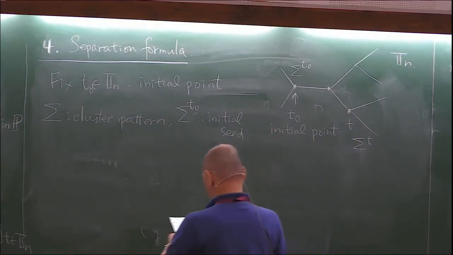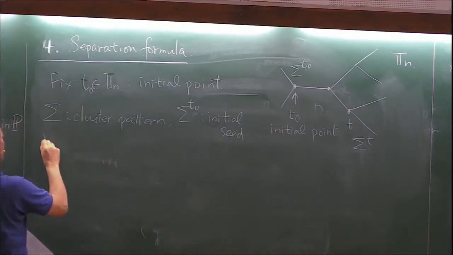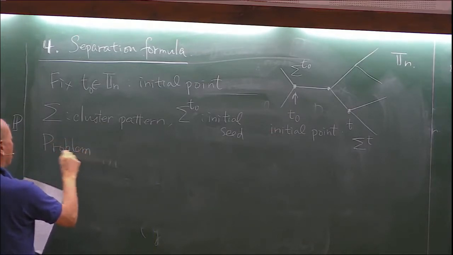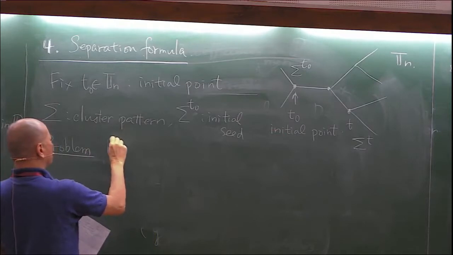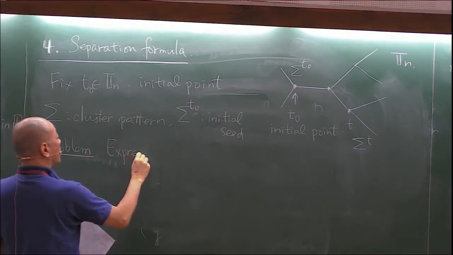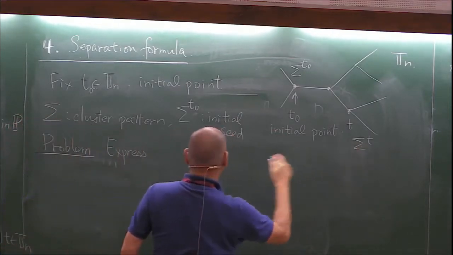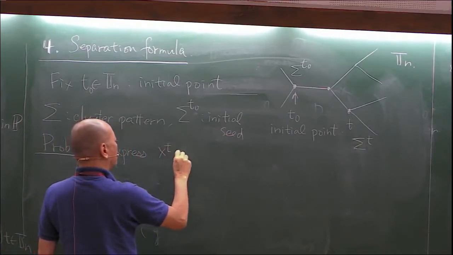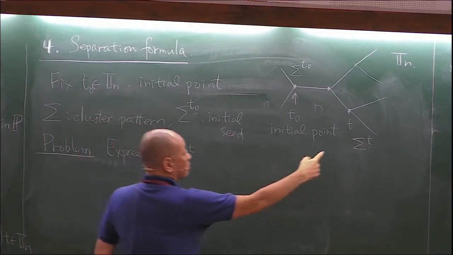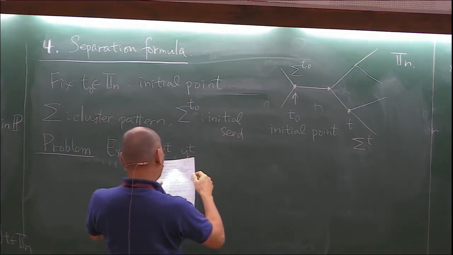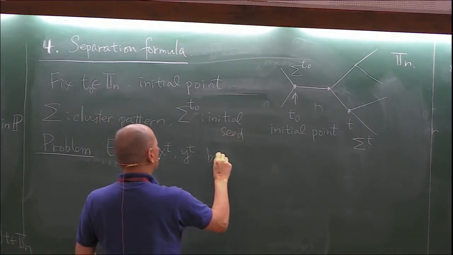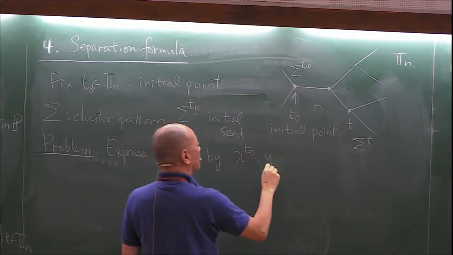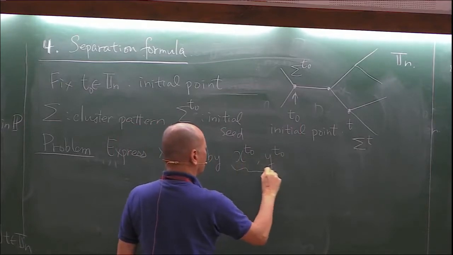The main problem of cluster algebra is to express the variable at an arbitrary point in terms of your initial variables. So they are called initial variables.